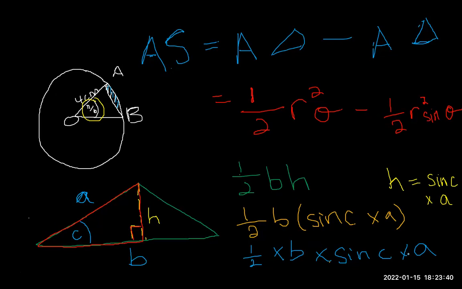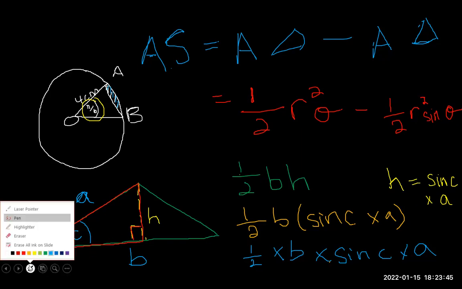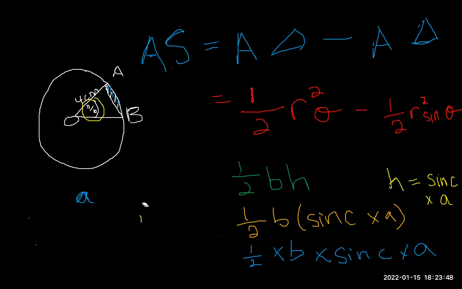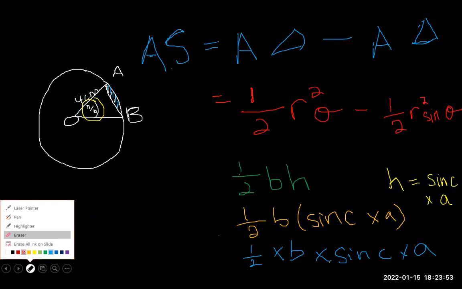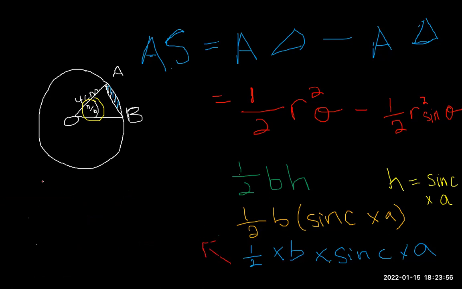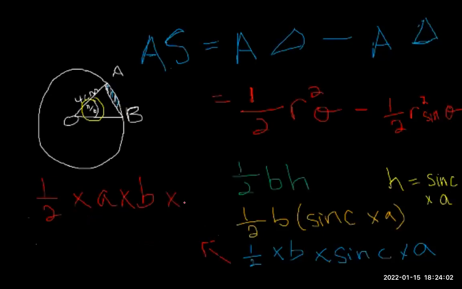That's why I can rearrange this to get a half multiplied by a multiplied by b multiplied by sine C. We don't need to write those multiplication signs all the time, so I can simply write this as a half ab sine C. That is how they got this equation. You good now?